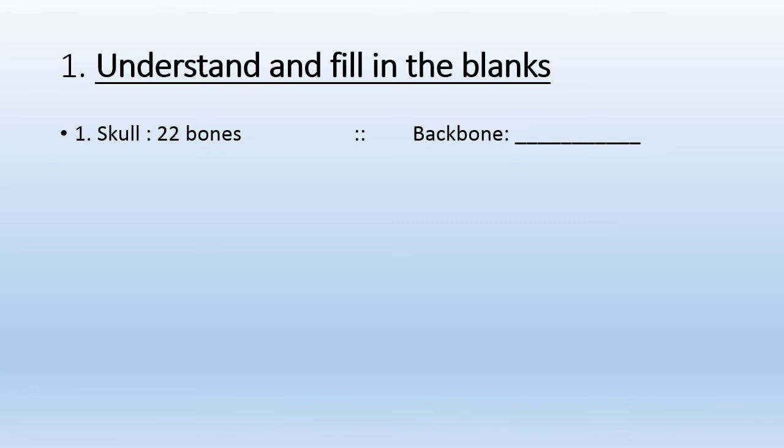So how many bones are there in backbone? There are 33 small bones in backbone. The backbone is made up of 33 small bones and the bones are called vertebrae. Like this we have to understand the rest of the questions and fill in the blanks accordingly.